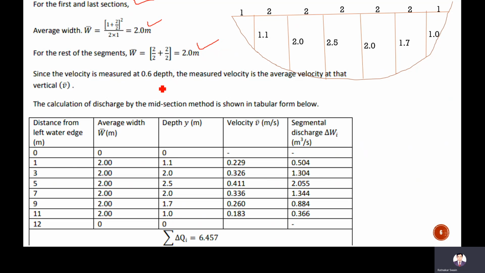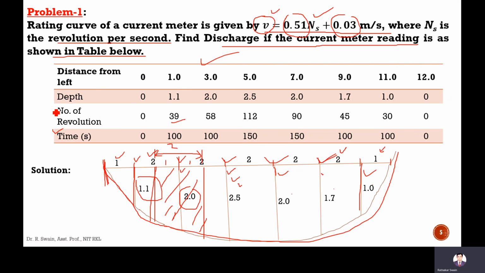So velocity is measured at 0.6 depth. The measured velocity is the average velocity. It is saying that the measured velocity is measured at 0.6 depth. Here the depth is less than 3 meter, so velocity should be measured at 0.6 times the depth.